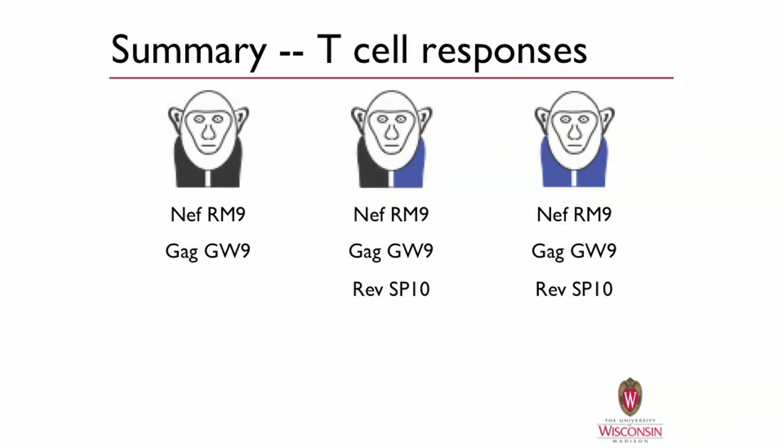So to summarize this idea, again, if you look at these different animals, the homozygous groups and the heterozygous groups, they all make T cell responses against one epitope that we call Nef-RM9. They all make T cell responses against Gag-GW9, and only the M3 animals will make T cell responses against an epitope in Rev.